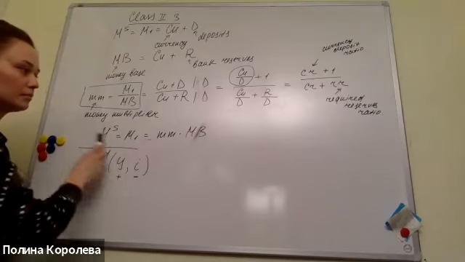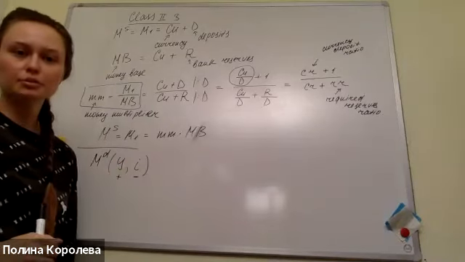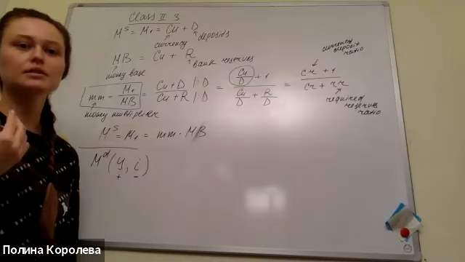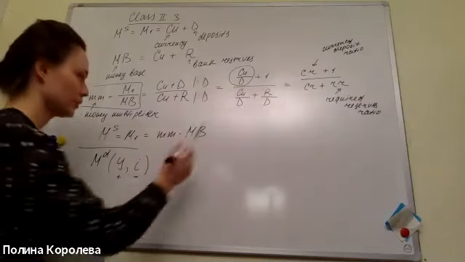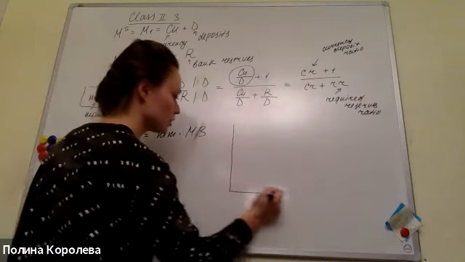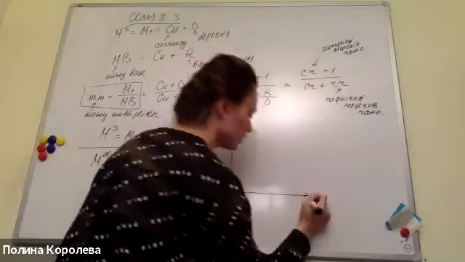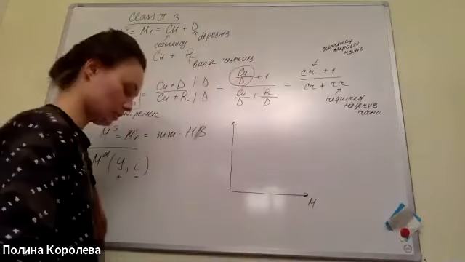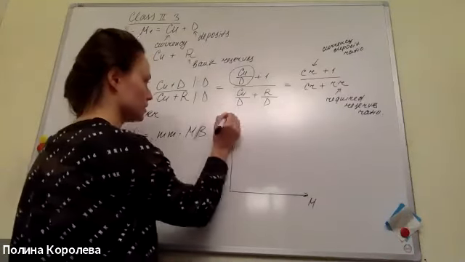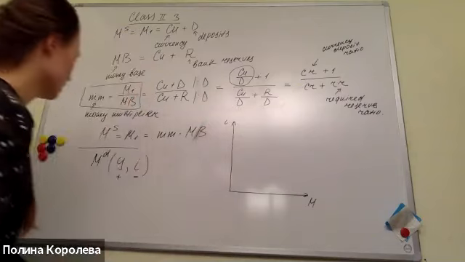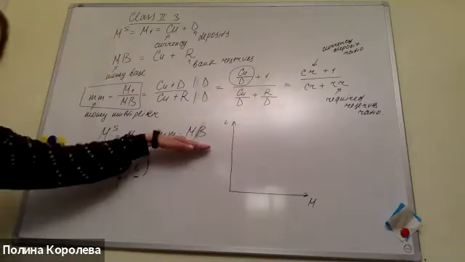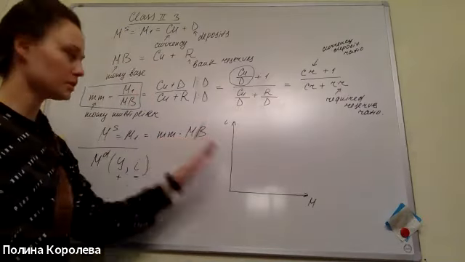And money supply is controlled by the central bank, so it's always constant. Agree? When we draw our money market, here will be the amount of money in the economy, and here is the interest rate. Money supply is constant, so it's a vertical line.